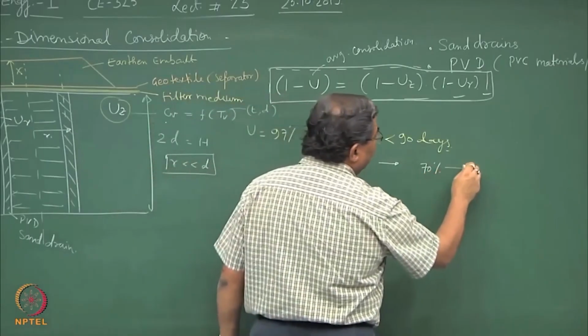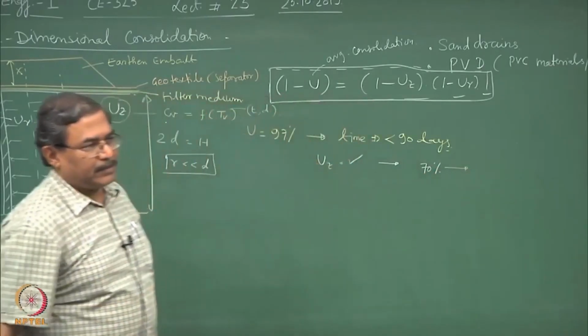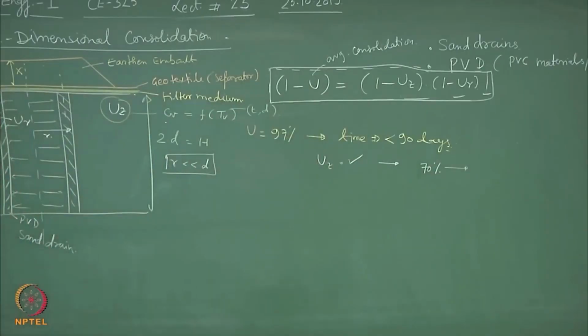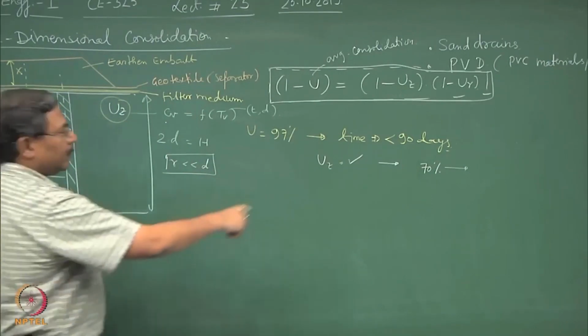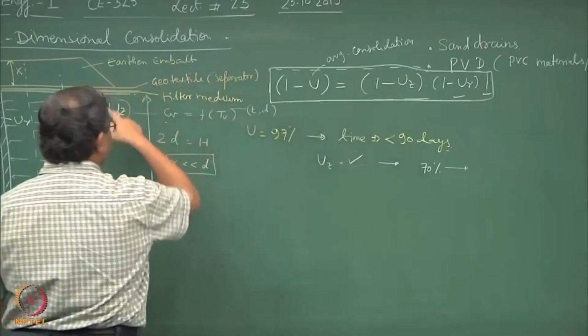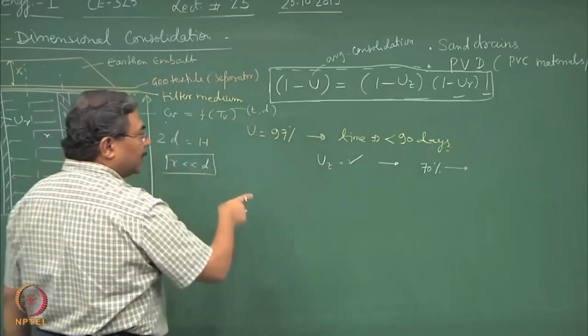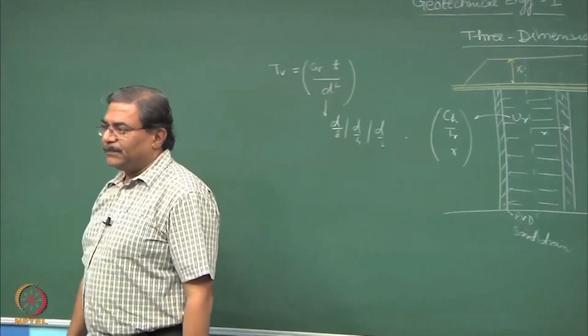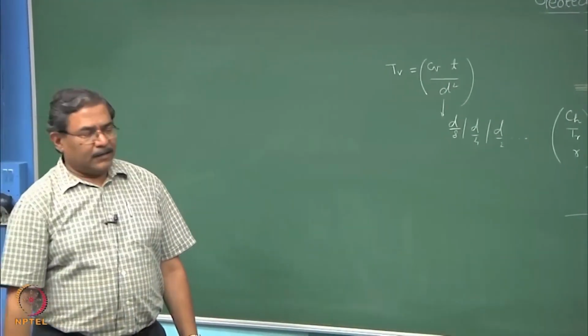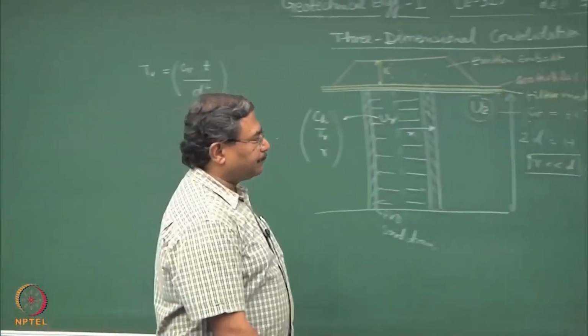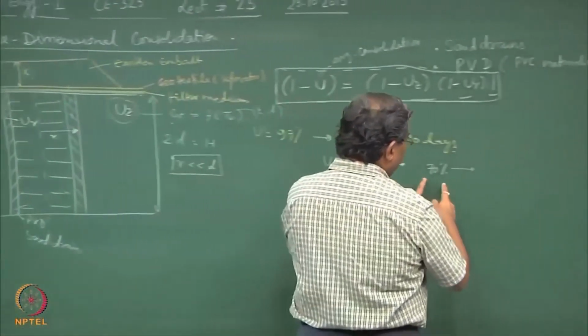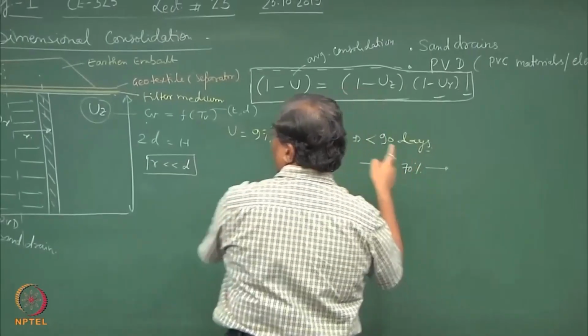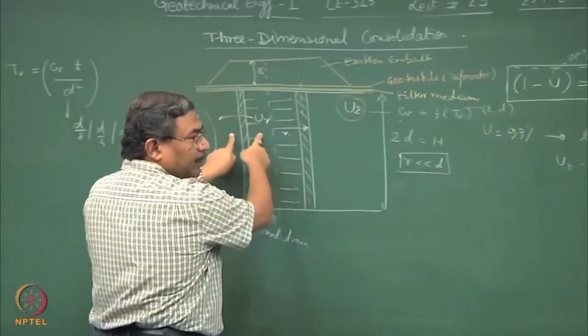This 70% I will be attaining after, let us say, 2 years. A good design problem can be created out of this by saying fix the time, and within this duration let me see how much vertical settlement I could attain, and the rest of the settlement I will attain with the help of 3-dimensional consolidation. Is this okay? This is how the design is done. The remaining portion of the settlement is now taken care of by UR.